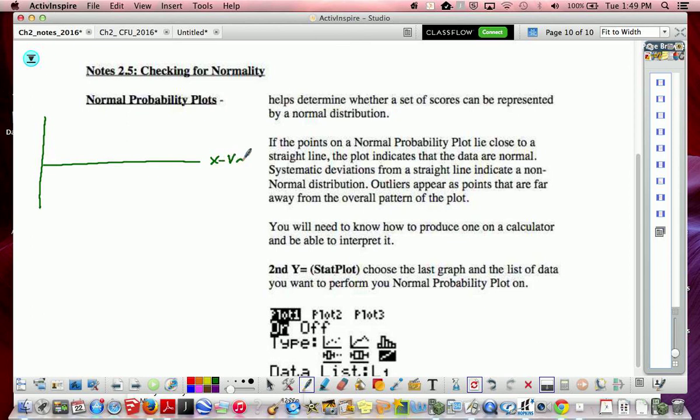So it takes your data, puts it on the x-axis, and then it gives it a corresponding z-score. And the corresponding z-score basically is determined by the percentile it would be in the list from smallest to greatest.